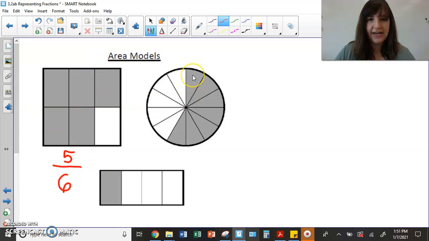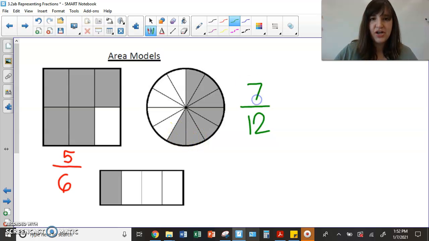In this circle, I have a total of 1, 2, 3, 4, 5, 6, and then another 6 on this side, which makes 12ths. And I can see that 7 of those are shaded in. So the total number of pieces is my denominator, and the number of pieces that we are counting, that we're representing, is the numerator.